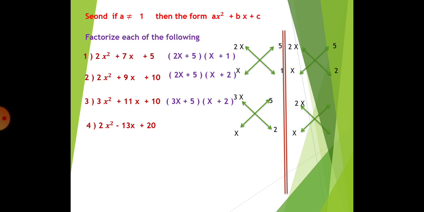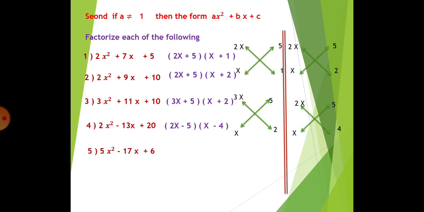So we can't write even number behind 2. 2 times 10 can't be, because 2 is an even number, 10 is an even number. 4 times 5, we can't put 4 behind 2, so it will be 5 times 4. 2x times 4, 8x. 5 times x, 5x. 8 plus 5 equals 13x. So factorize 2x minus 5 and x minus 4.